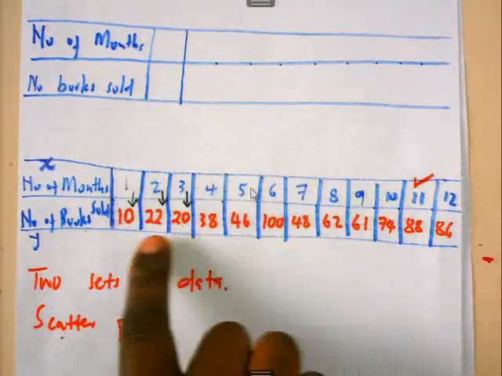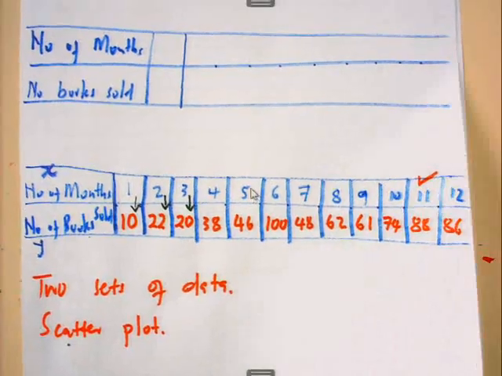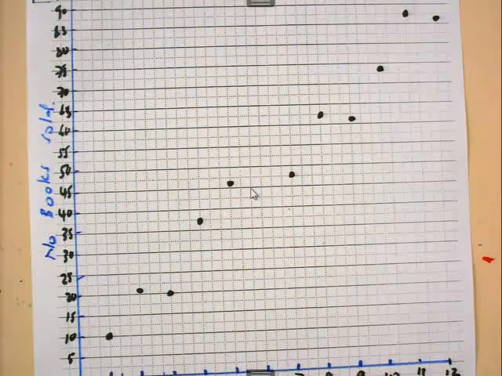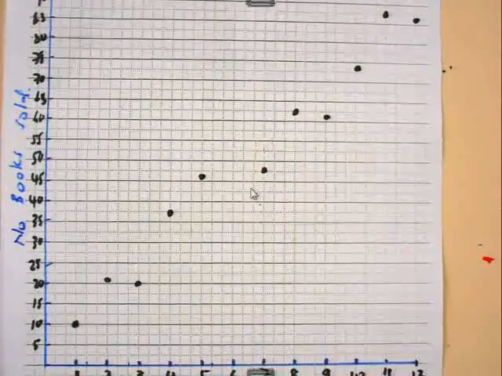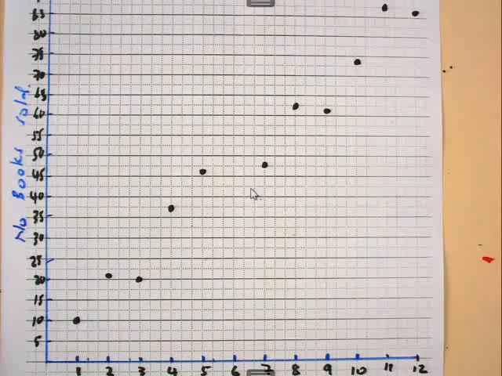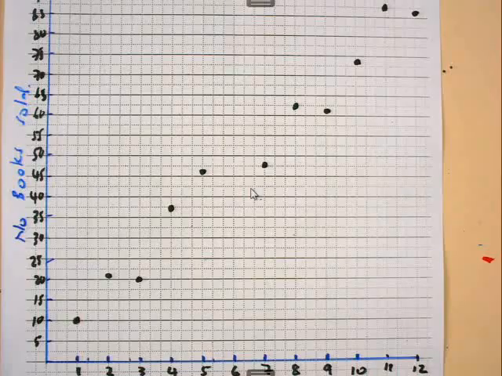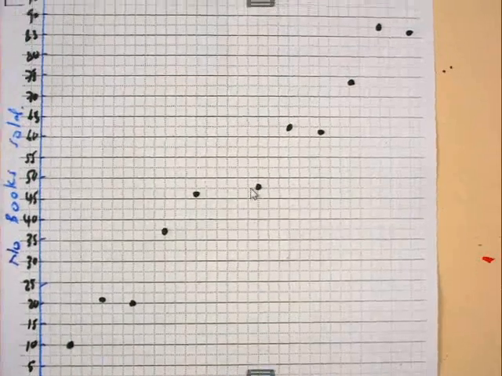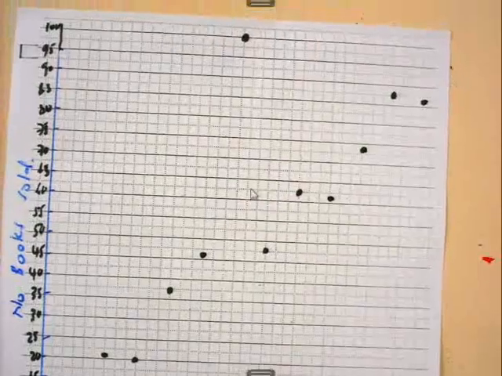First row is matched with the second row. And once you do that, here we have our scatter plot. And you can see our scatter plot covers all set of data we have here. Now already when you look at the set of data, look at this set of data.